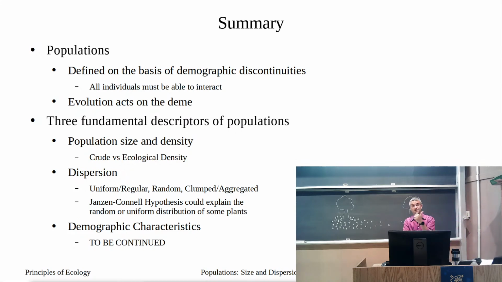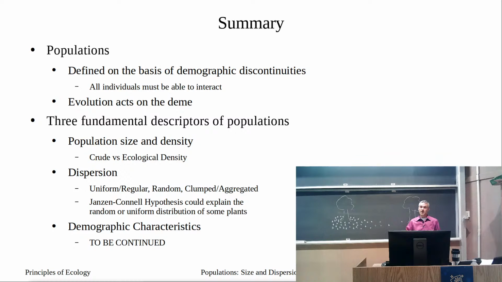Populations, right? It's a group of conspecifics in a particular area. That particular area needs to be defined. And a lot of times that area gets defined by us, but if we're going to be real technical, then it's going to be defined based on demographic discontinuities.